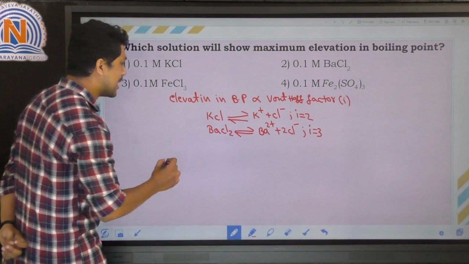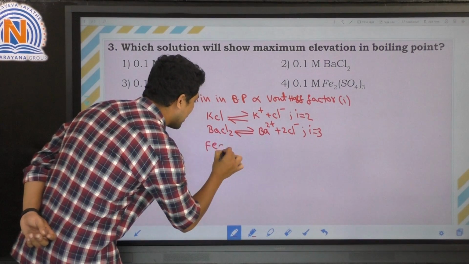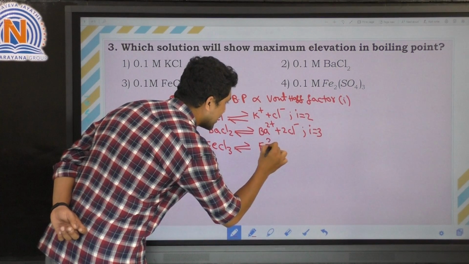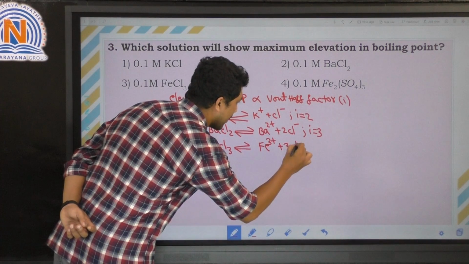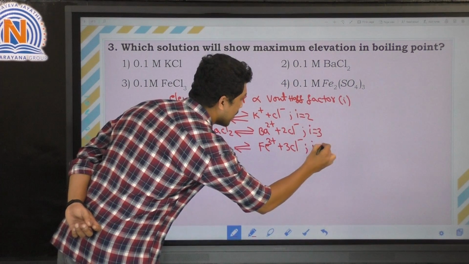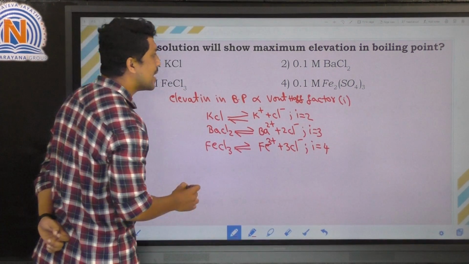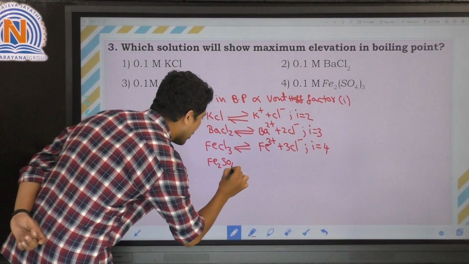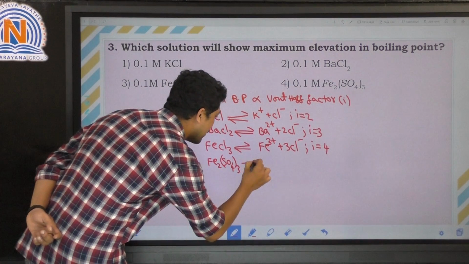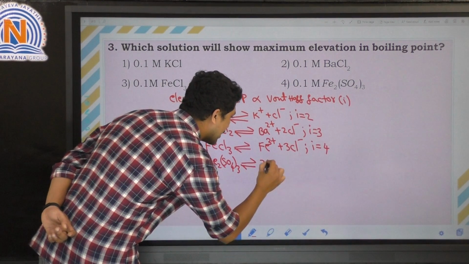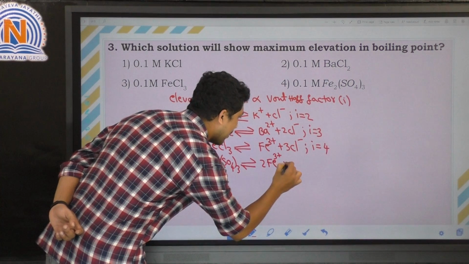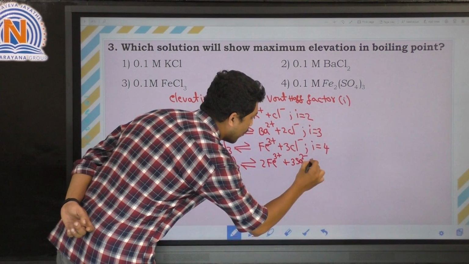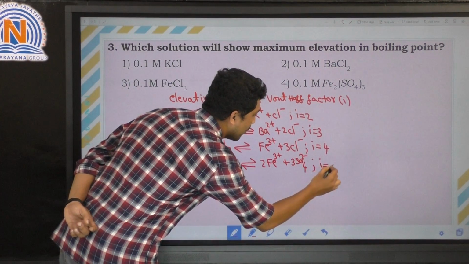Next molecule is FeCl3, which dissociates into Fe3 plus and 3Cl minus, so the van't Hoff factor is 4. The last one is Fe2(SO4)3, which dissociates into 2Fe3 plus and 3SO4 2 minus. The van't Hoff factor for this molecule is 5.